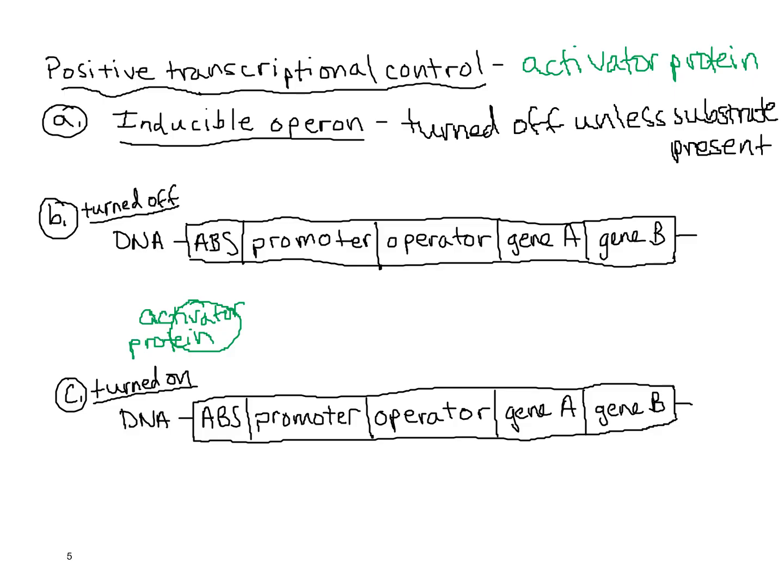That means the RNA polymerase cannot bind to the promoter because the activator protein is not around to help it. So there won't be any transcription, and that'll turn this inducible operon off.